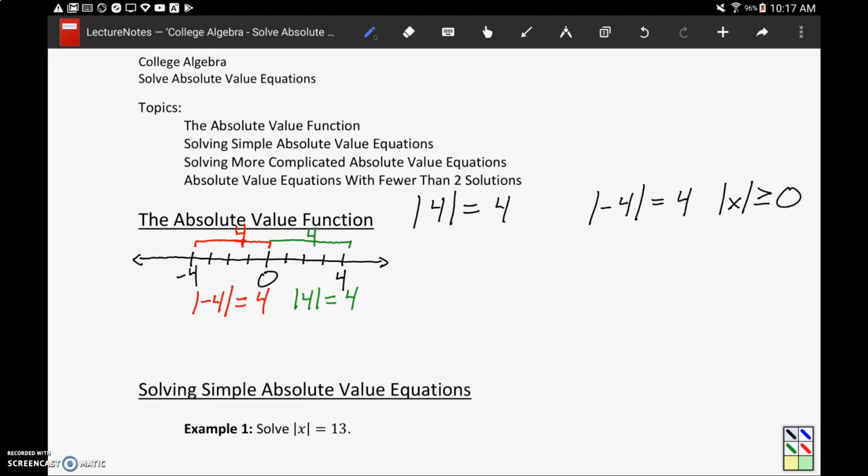So a better definition, beyond just saying we take whatever's inside those absolute value bars and make it positive, would be to say that the absolute value of a number is the distance from 0 without direction.